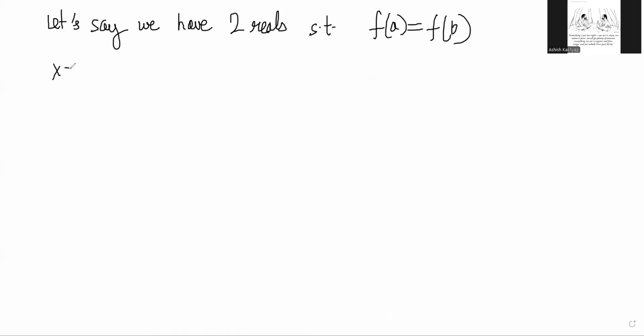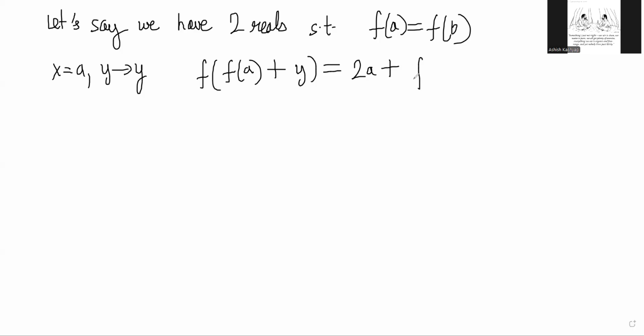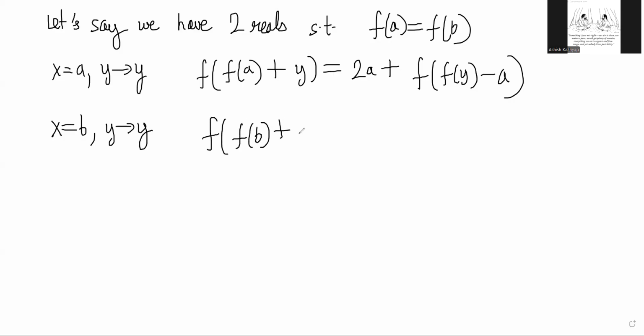If you put x is equal to a and keep y as y in the original functional equation, you will get f of a plus y is equal to 2a plus f of y minus a. And similarly, if you put x is equal to b and keep the y as the same thing, you get f of b plus y is equal to 2b plus f of y minus b, right?